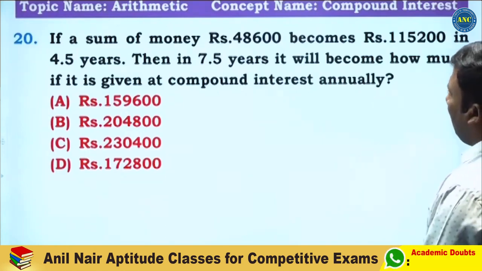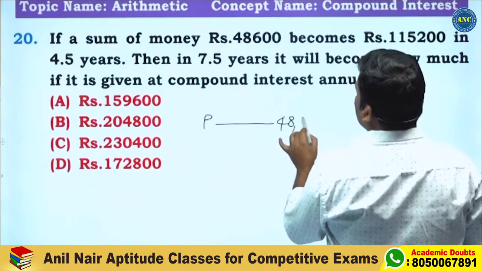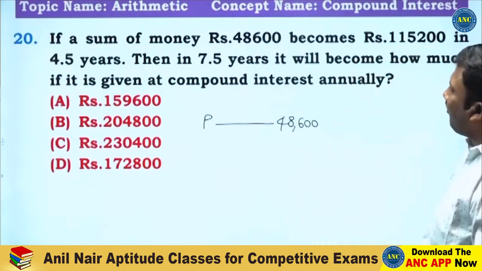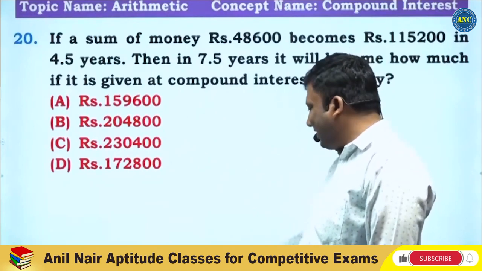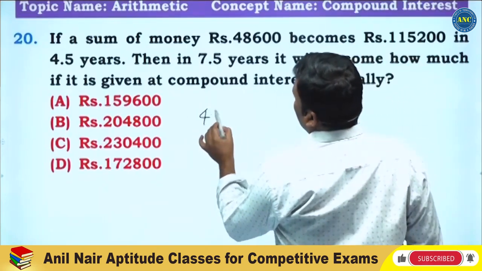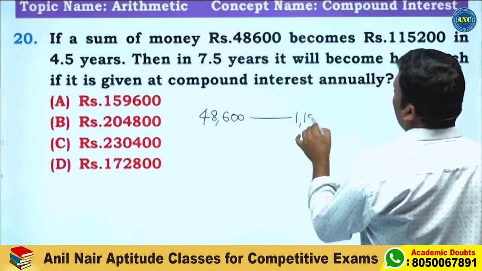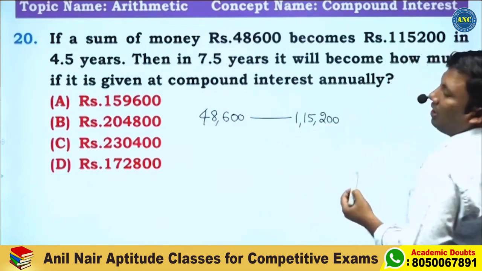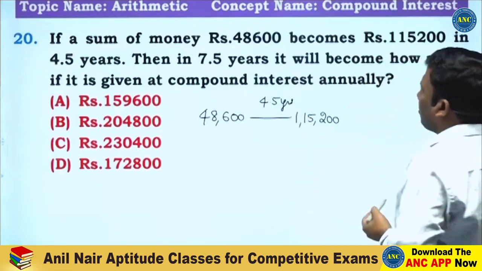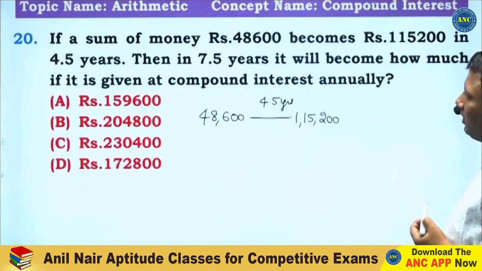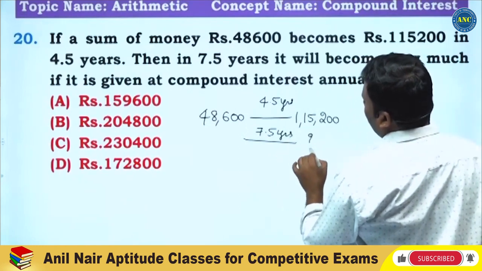Read this one. If a certain sum of money, 48,600, the principal itself is 48,600, is becoming 1,15,200 in 4.5 years, in 7.5 years how much will it result in?